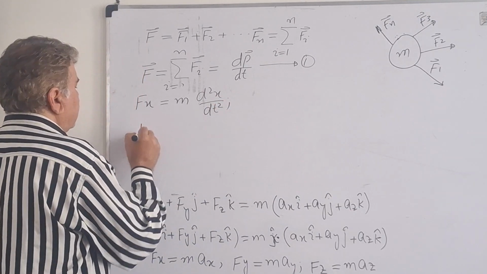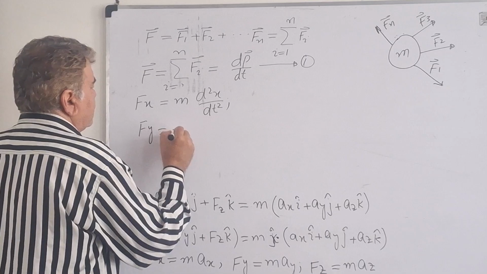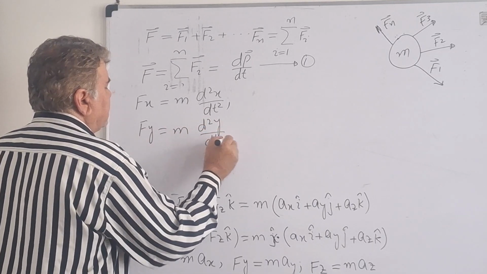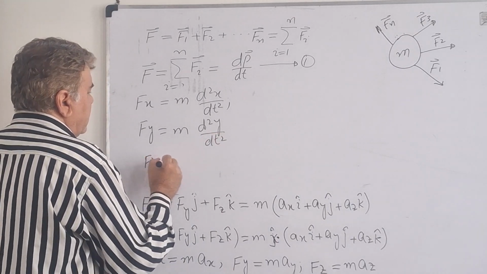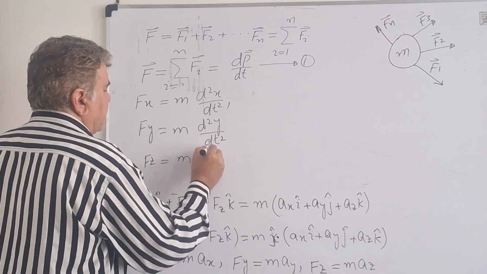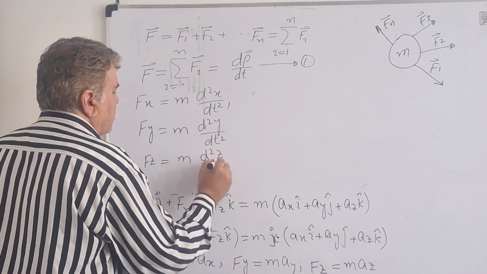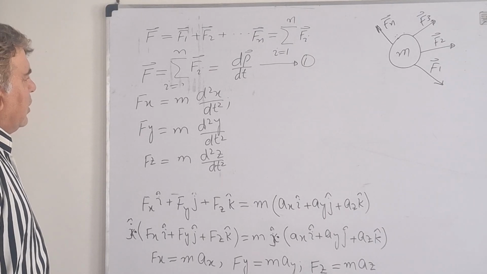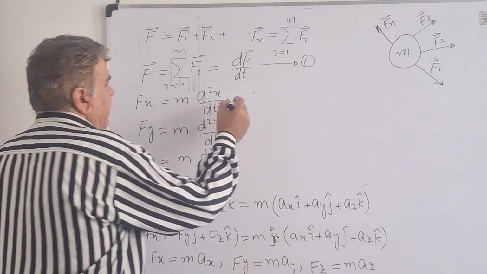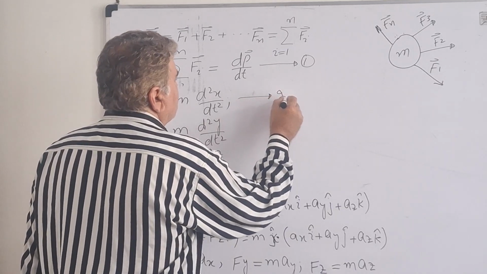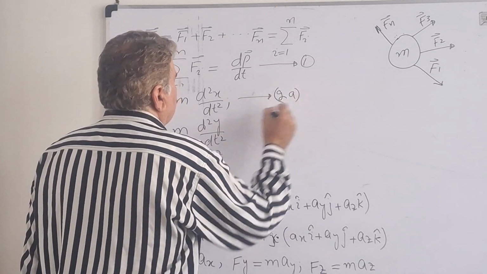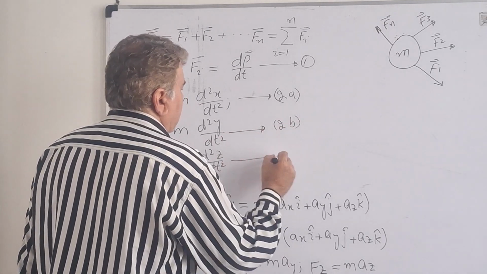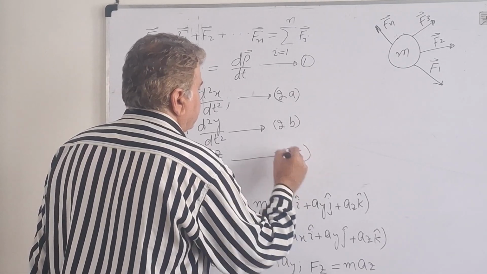Let me write that over here. Fy would be equal to m d squared y over dt squared, and fz equals m d squared z over dt squared. Okay, I call this equation 2a, this 2b, and this one 2c.